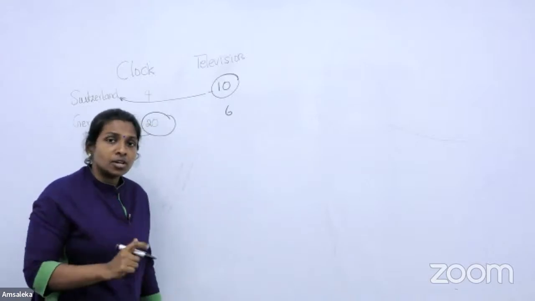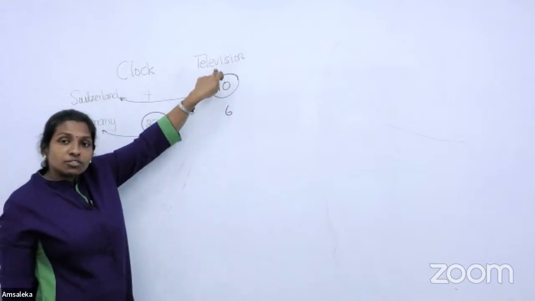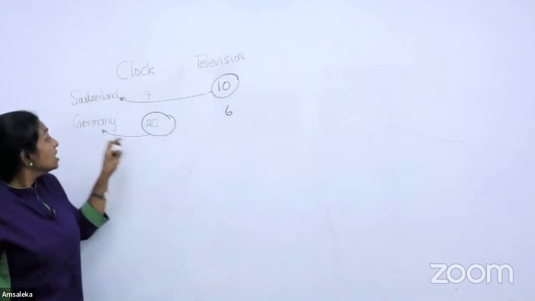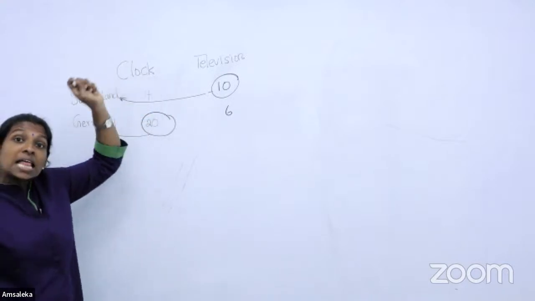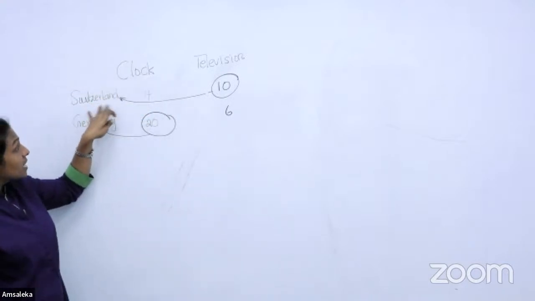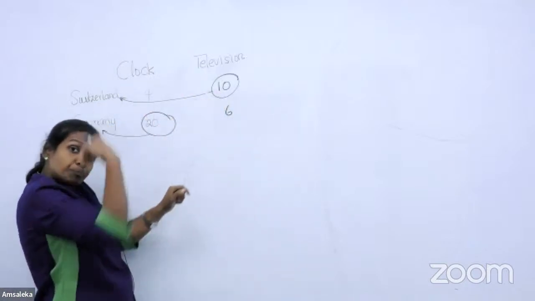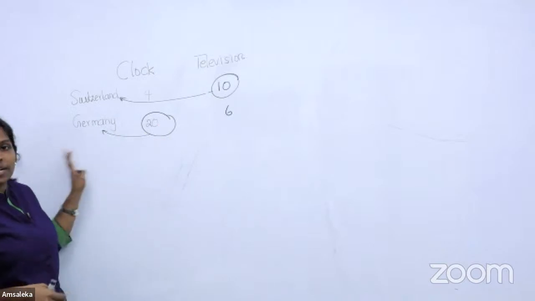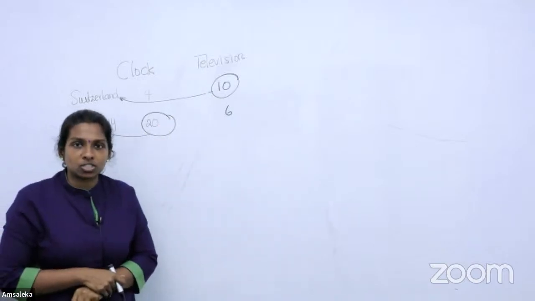Now the 3 sentences I said: Switzerland has an absolute advantage in the production of television. Germany has an absolute advantage in the production of clock. Therefore, Switzerland exports television and imports clock from Germany. That's an absolute advantage.